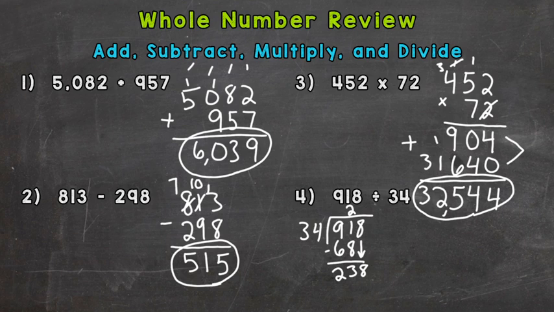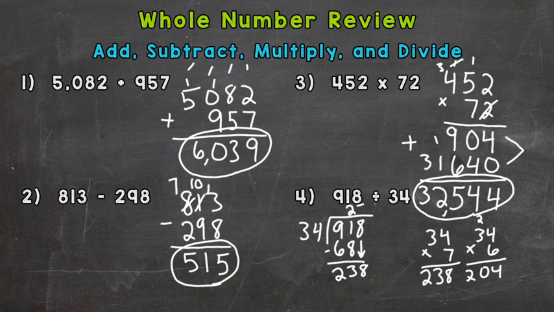So maybe we start with trying 34 times 6 and seeing how close we get. Well, that gives us 204. Let's see if we can get any closer. Let's try 7, just in case we can get any closer. 34 times 7 actually hits 238 exactly.